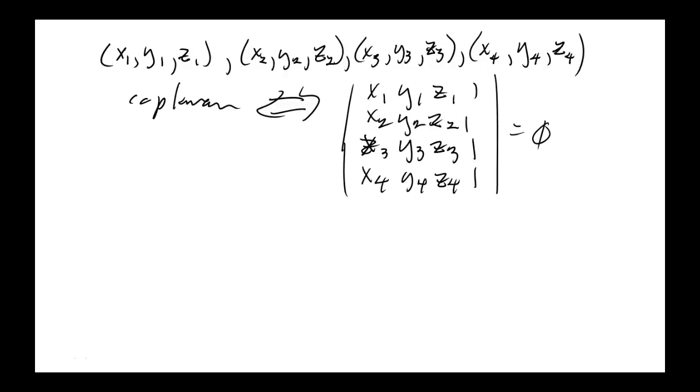An adaptation of this test is the determinant form of an equation of a plane passing through 3 points in space. Okay?